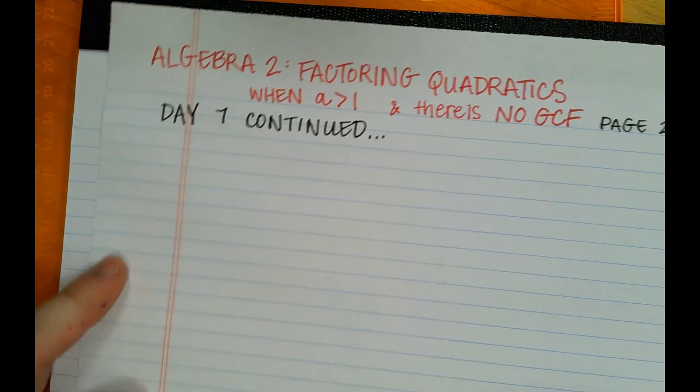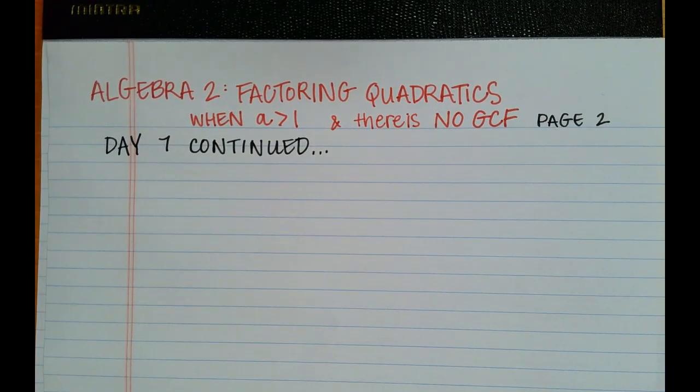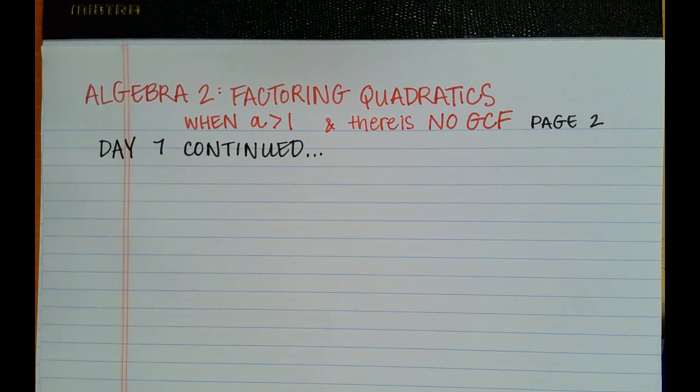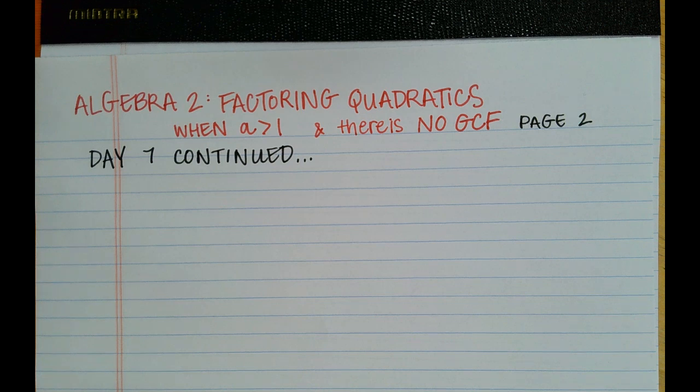So let's start a page of notes. This is how I titled my notes: Day 7, continued. I have a list of expressions that I know will work. I thought I would just jump straight to the worksheet, but we're not going to do that anymore. Let me grab that list.